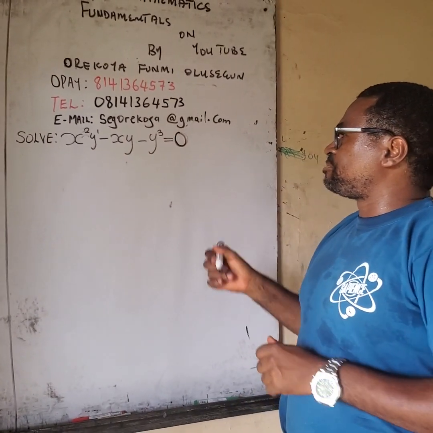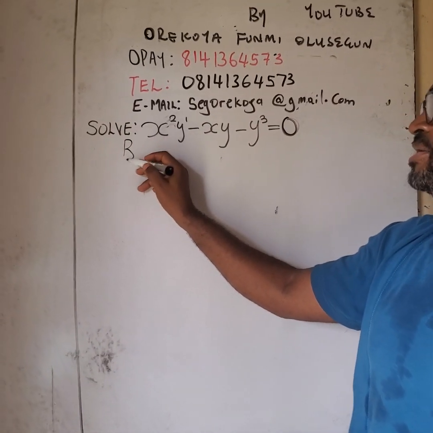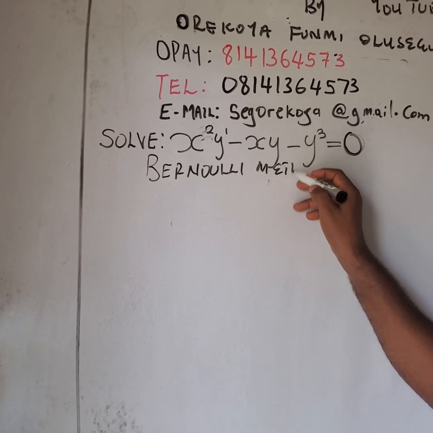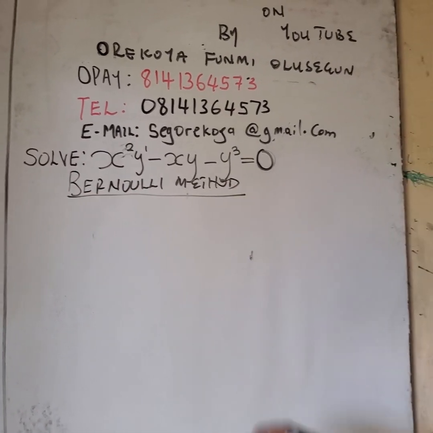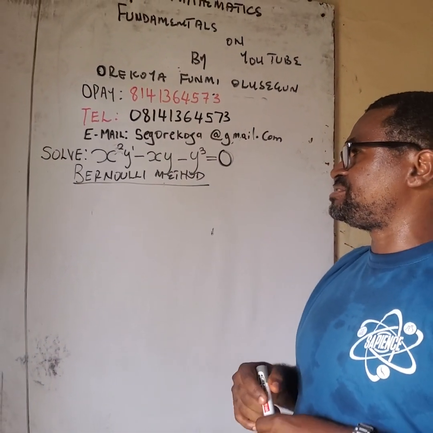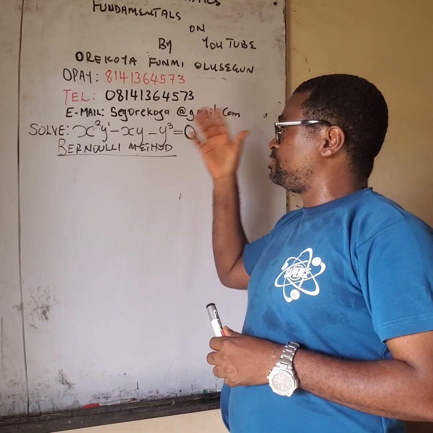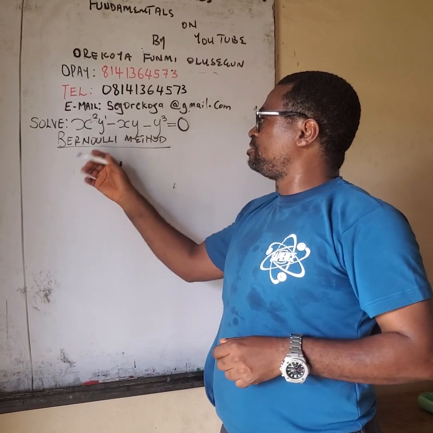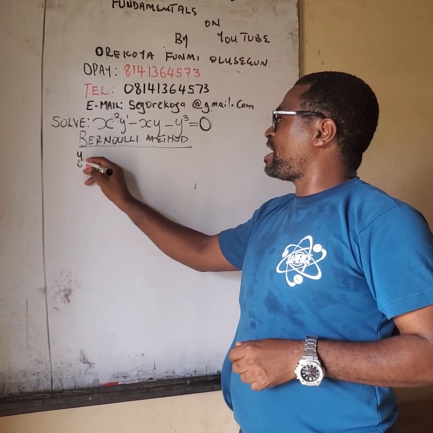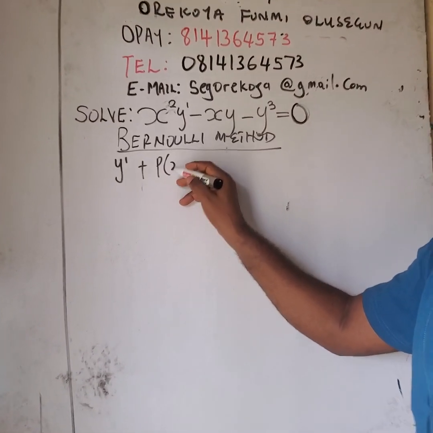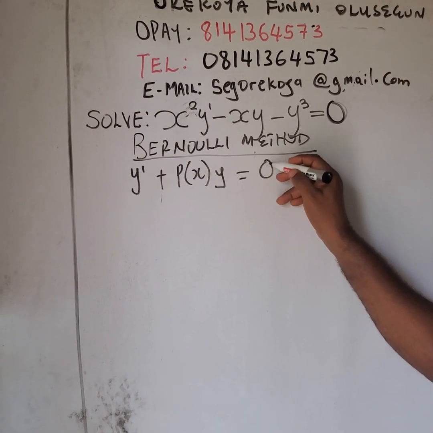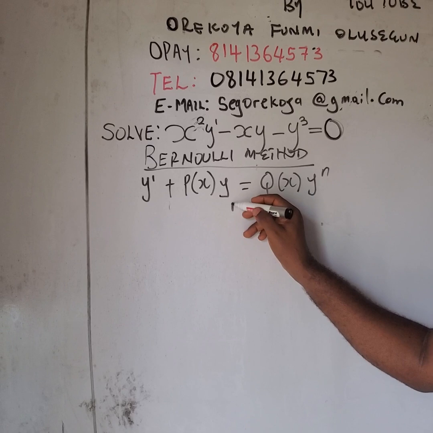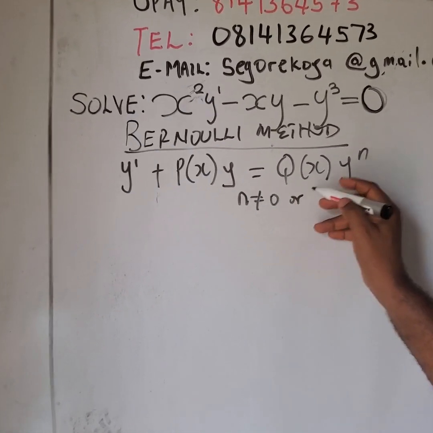Now, before we can solve this problem using Bernoulli method, Bernoulli has standard references that we need to follow so that we can appropriately use the method to solve this problem. According to Bernoulli, it says that y prime plus p function of variable x times y is equal to q function of variable x times y raised to power n, where the value of n must not be equal to 0 or 1.